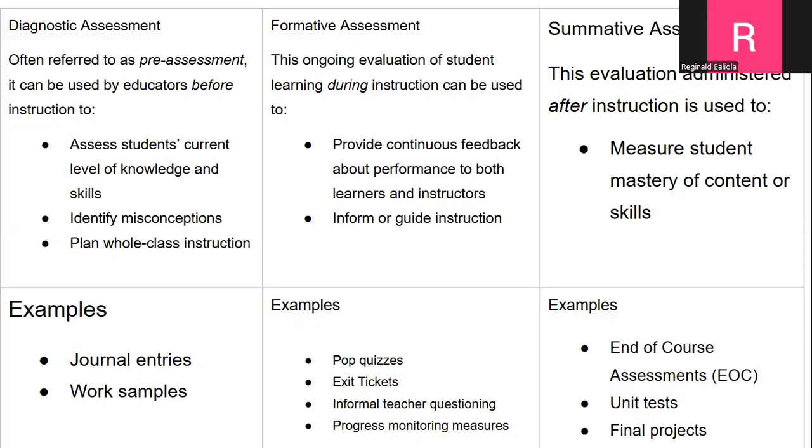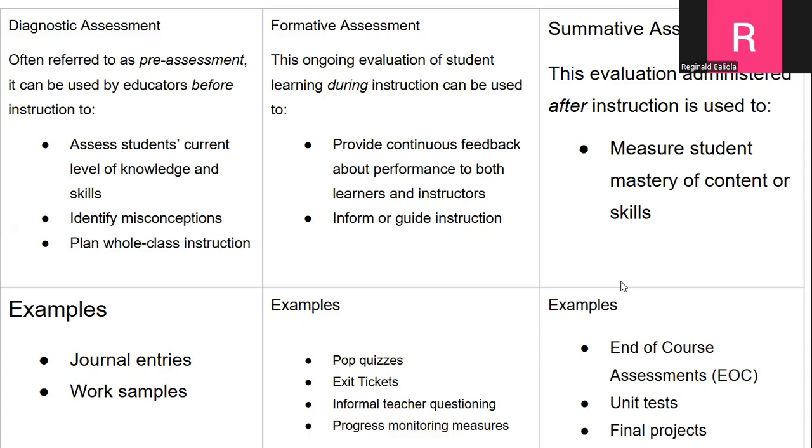A formative assessment is an ongoing evaluation of student learning during instruction and can be used to provide continuous feedback about performance to both learners and instructors and to form or guide instruction. Examples are pop quizzes, exit tickets, informal teaching questioning, and progress monitoring measures.